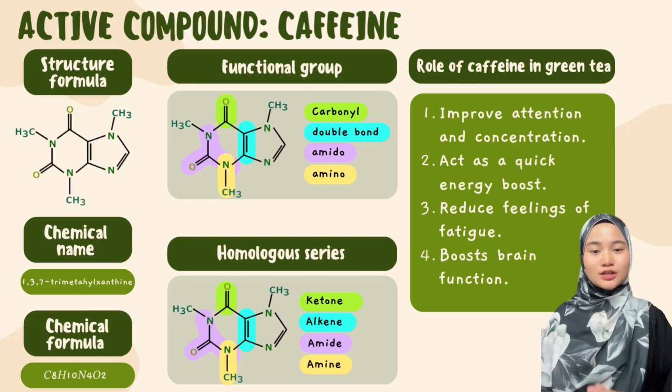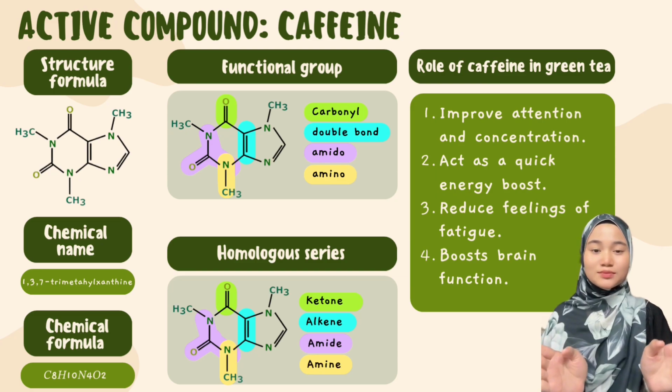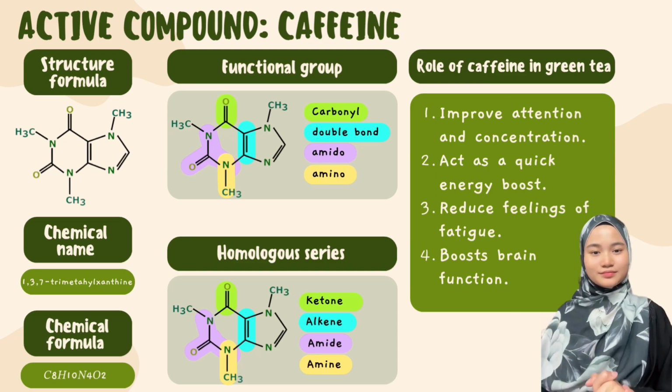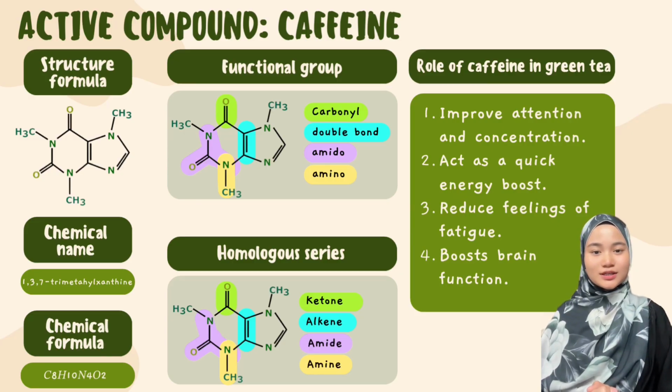The first homologous series is ketone. Ketone has a functional group called carbonyl. Carbonyl is a C double bond with O, and the two bonds that are left are bonded with R. The second homologous series is called alkene.